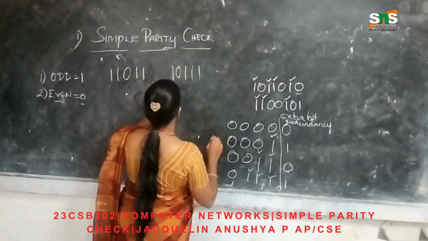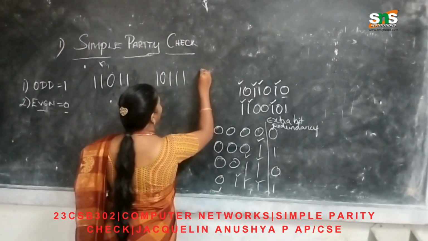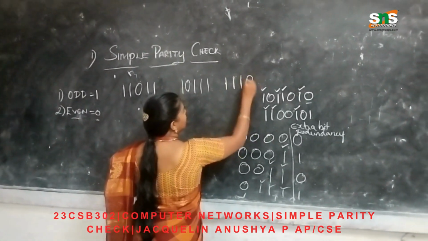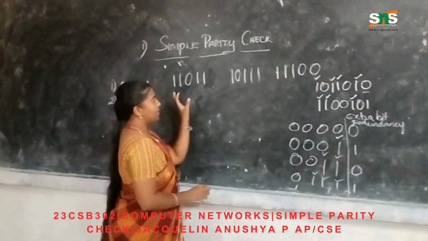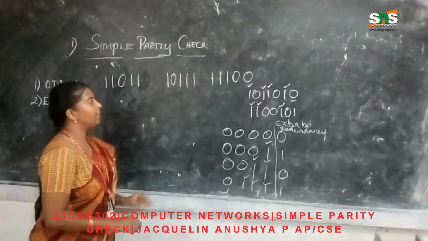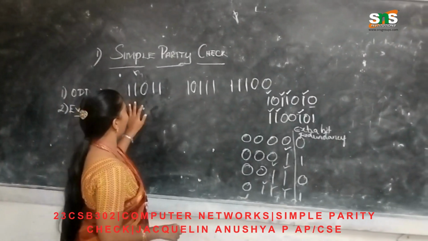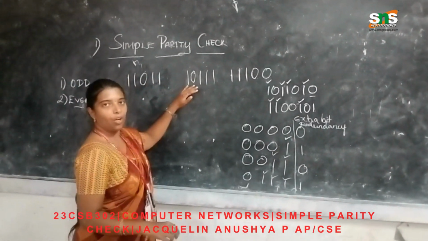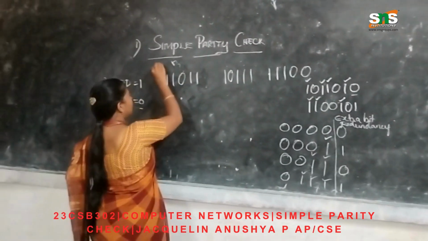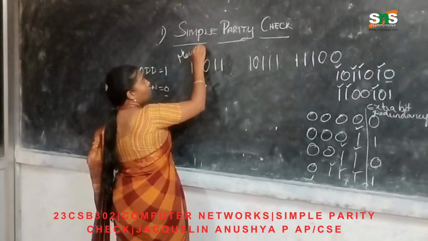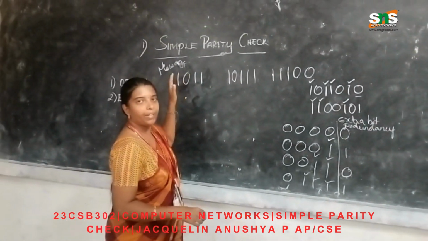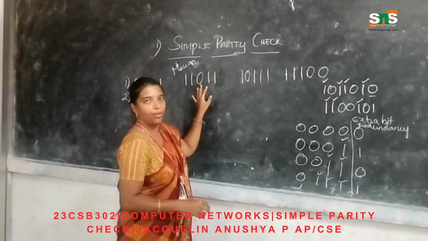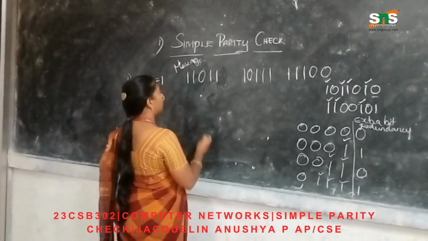I am giving these binary digits for your numbers. When I convert your message, let this be a message you are sending from one person to another. The alphabets are converted into binary numbers as we saw in the last class.